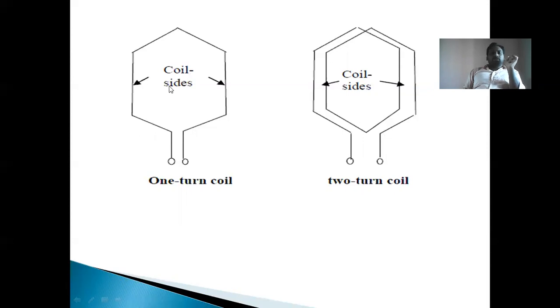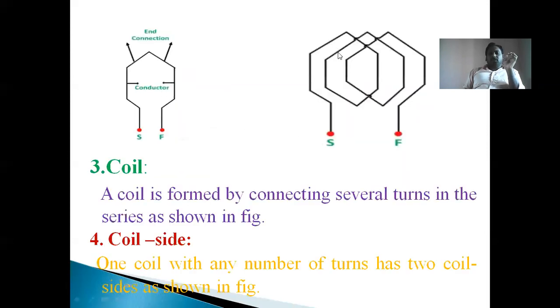And here if you observe, this is one turn, this is the second turn, this is the third turn. When two or more turns are connected in a coil, that is called a multi-turn coil. Here S means the starting end, and F means the finishing end of the coil.